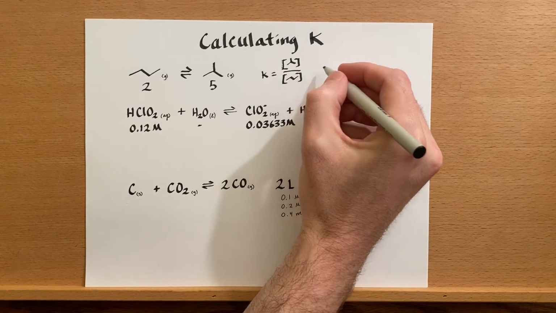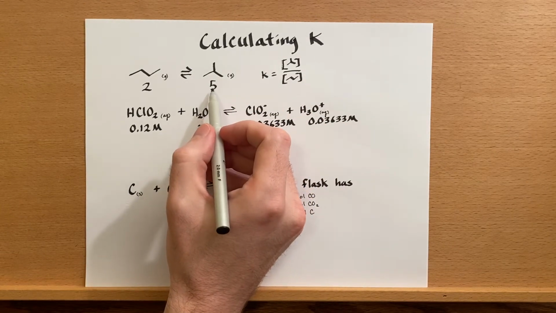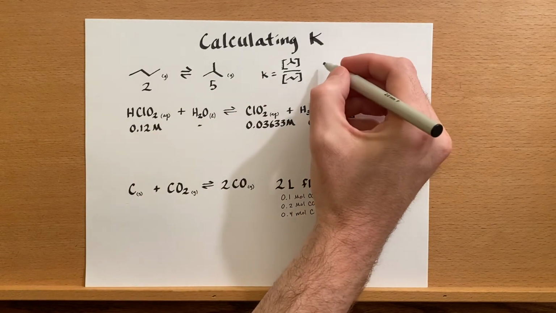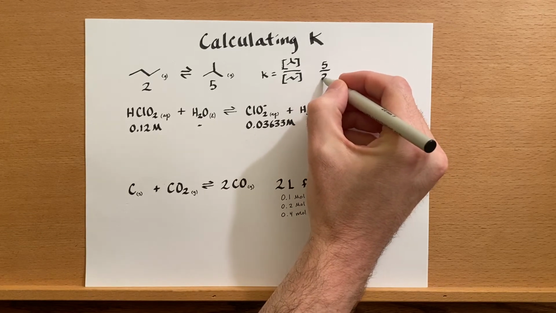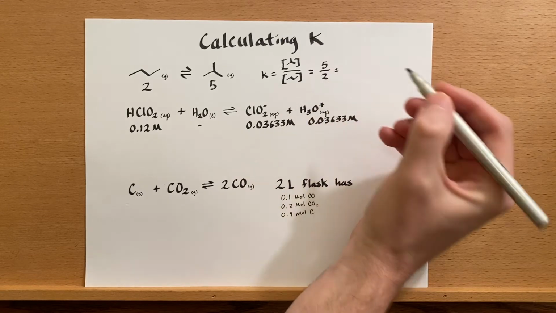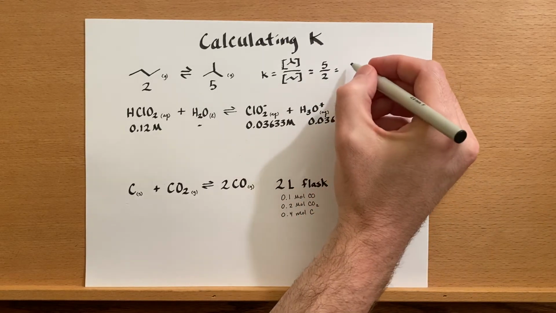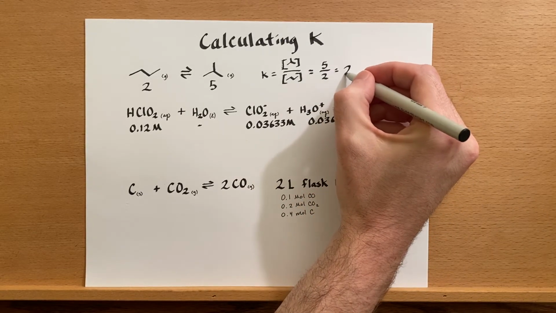And in this case, we can just substitute in the numbers because they are equilibrium values. So we'll say we have 5 there, 2. So the equilibrium constant in this case is 2.5.